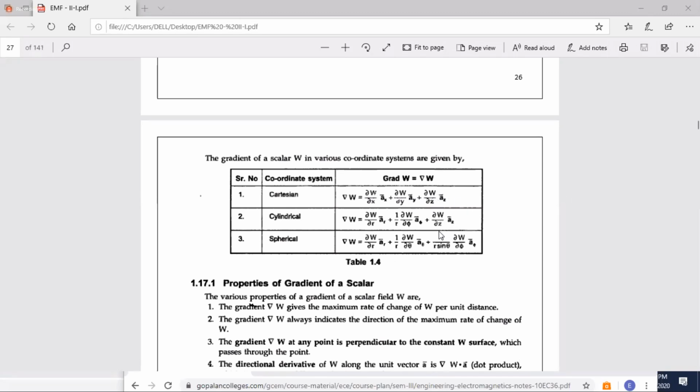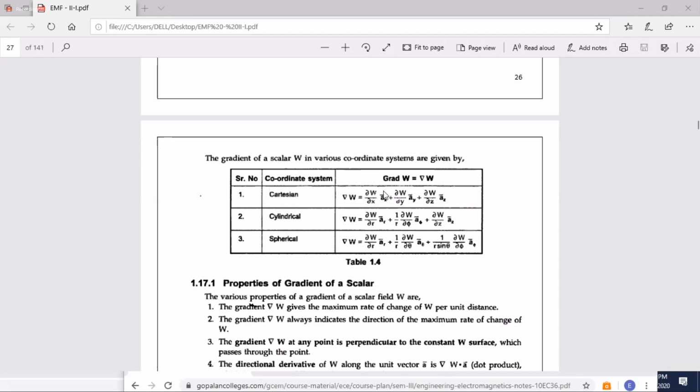In other words, you could consider it as the gradient in every direction. So you have the Cartesian, which is the coordinate x, y, and z in the ax, ay, az.